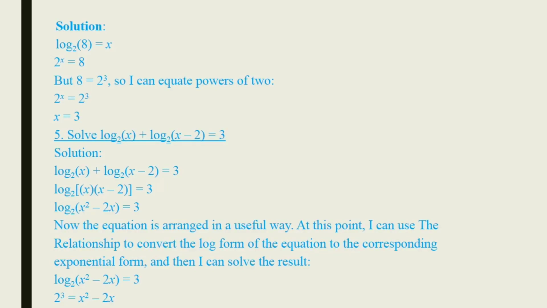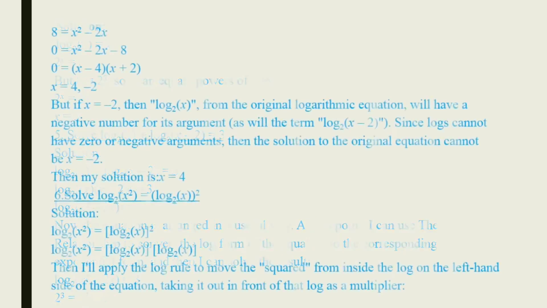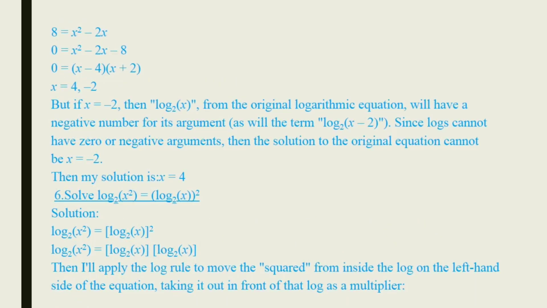Log x square minus 2x base 2 equals 3. So we can write 2 to the power 3 equals x square minus 2x. Now 8 equals x square minus 2x, and by solving it we can get x equals 4 and minus 2.